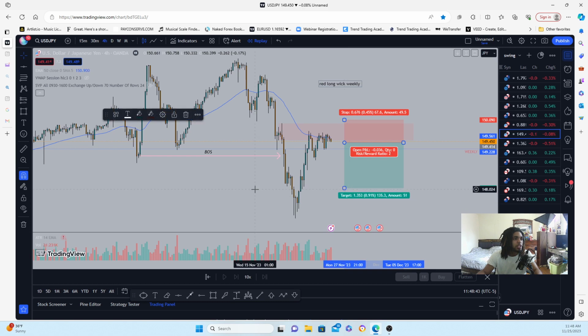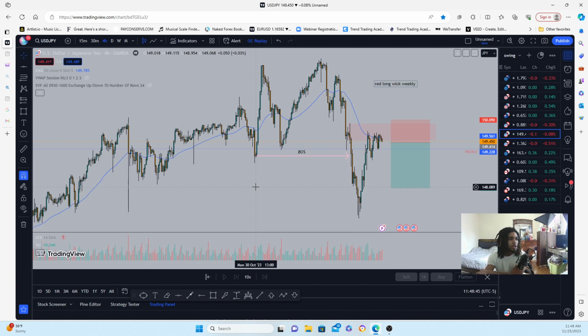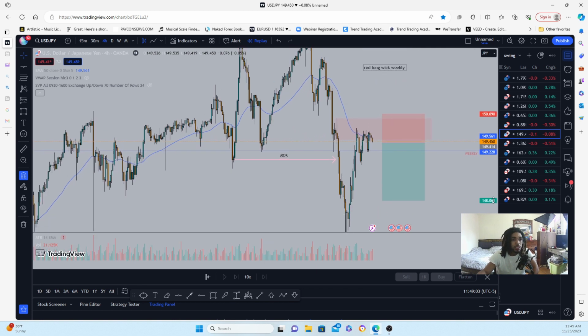That's basically what I'll be looking for, 1 to 2. There are some instances where I will go for a 1 to 3, but it's under very specific circumstances. So we're just going to leave that like that, and this will be a trade that I'll be getting in.